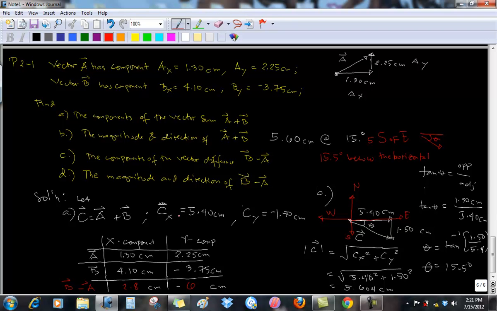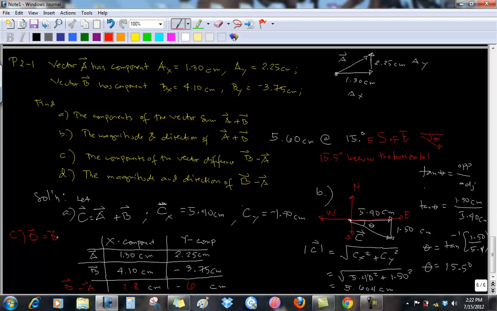So, therefore, the components now. For letter C, we will call it vector D, the vector we use for this. What will it be?